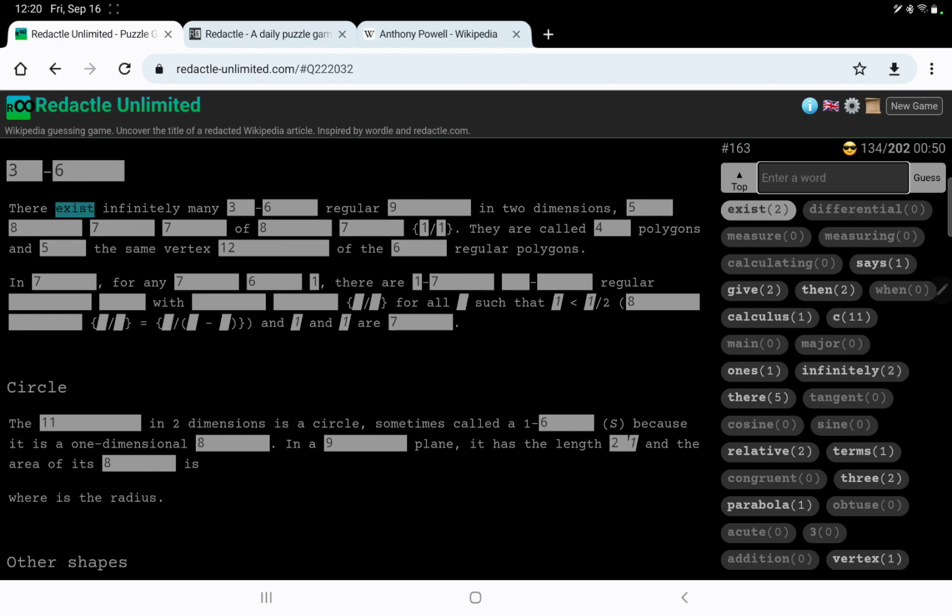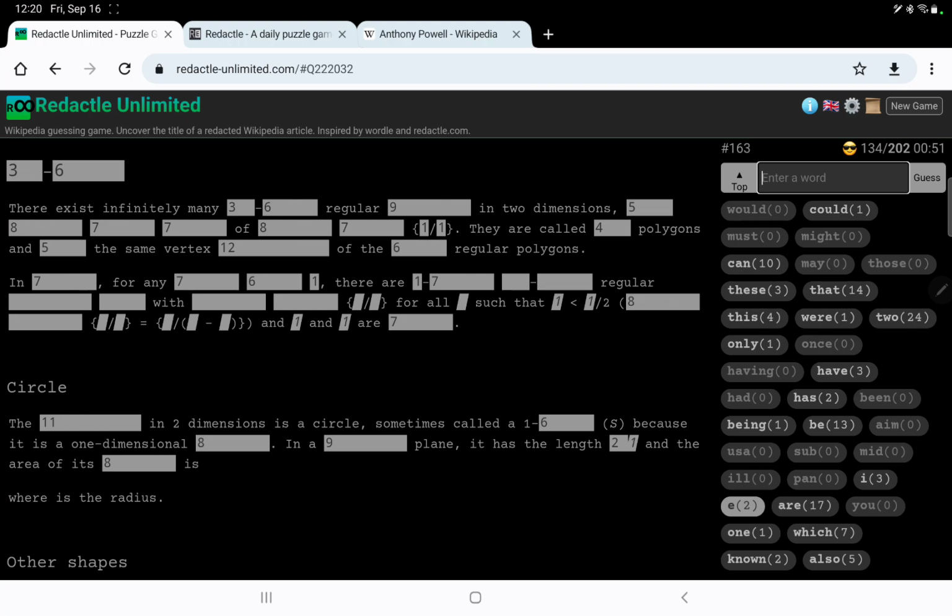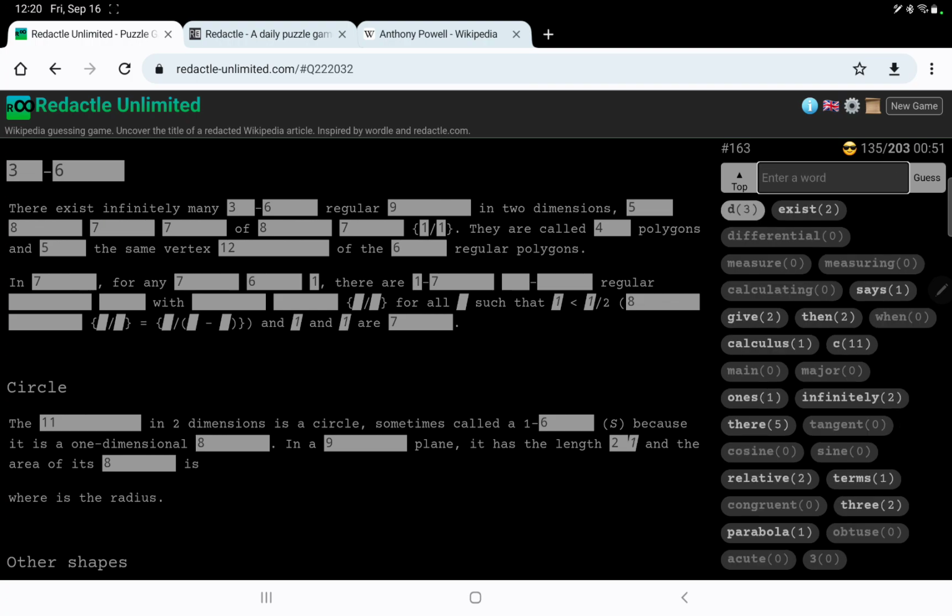Yeah, infinitely many 3-6 regular something in 2 dimensions. Well, we did see, let me go back to do, well, we've done D. Let's try E. Actually, did I do D? I did 2D and 3D. No, I didn't do D.